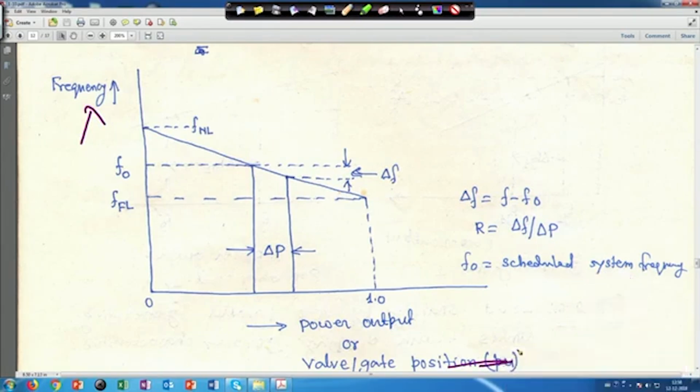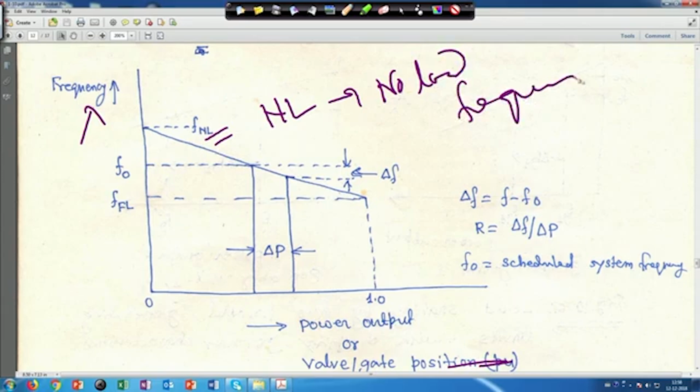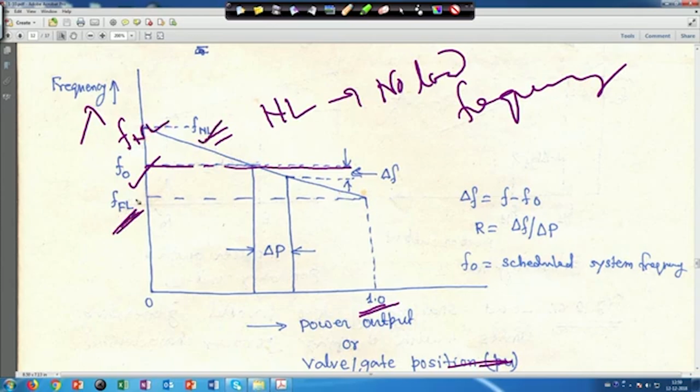In per unit you will find that they will be the same. FNL means the no load frequency, and FL means the full load frequency. The droop characteristic is almost linear. This is the maximum power output, in per unit 1.0, this is my nominal frequency F0, and this is FNL, and this is full load.